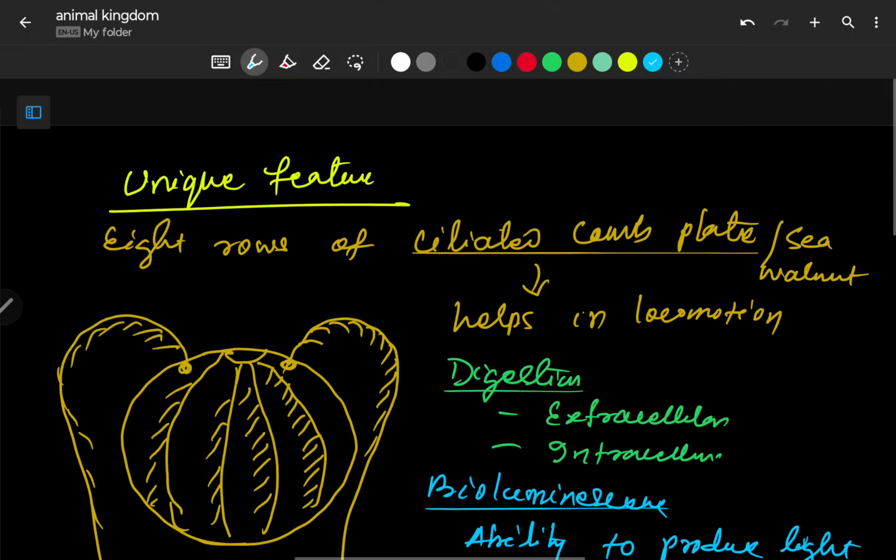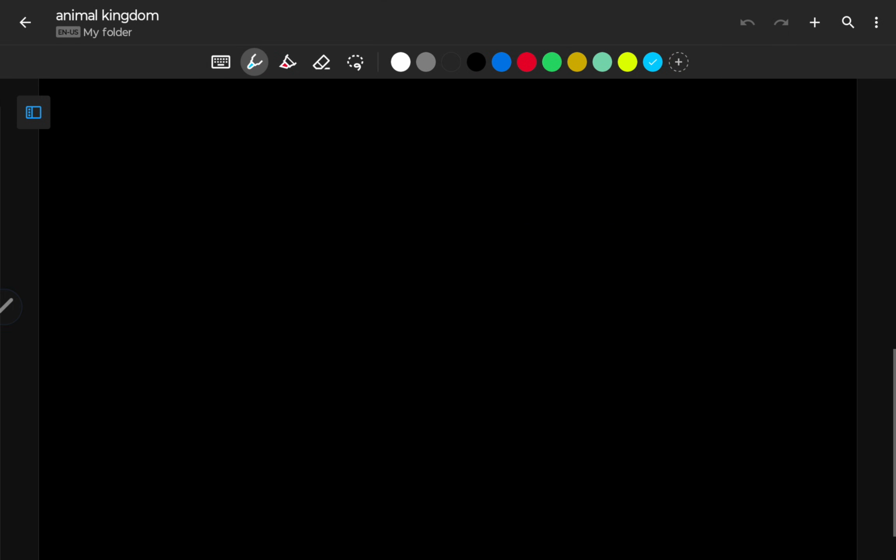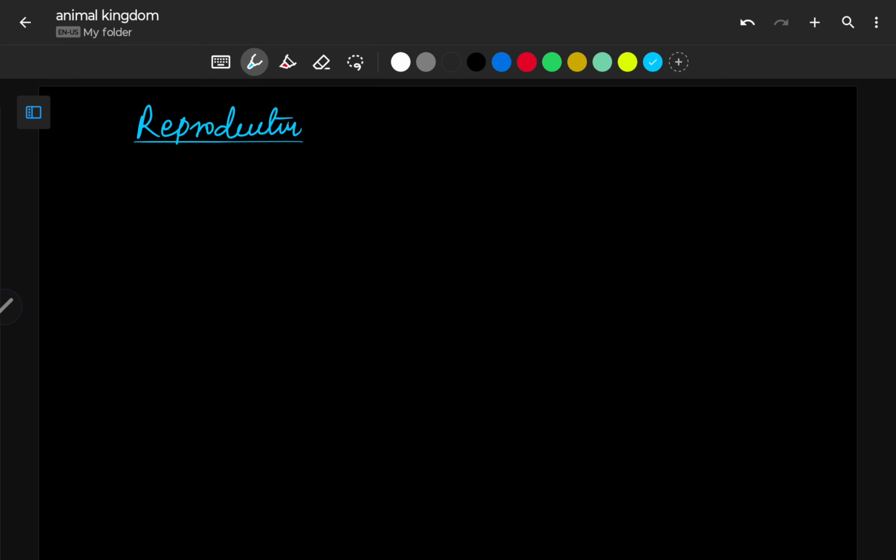Now the next character is reproduction. Now come to reproduction. So here also the reproduction is unlike your Cnidaria, there is only sexual reproduction.